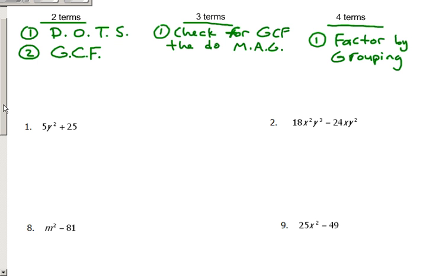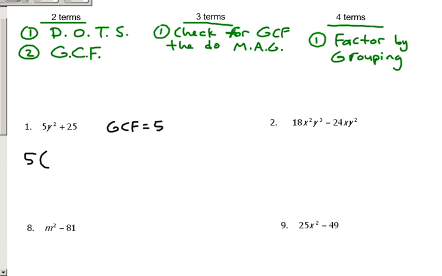I count two terms: 5y squared and 25. So I'm going to try difference of two squares. Right away, I see a plus sign, so I know I can't do difference of two squares because it's not a minus. That tells me I'm going to try GCF. The GCF of 5y squared and 25 equals 5, so I pull that out.